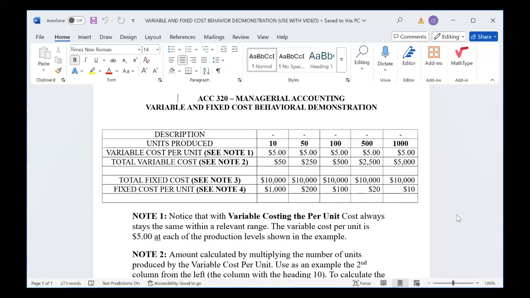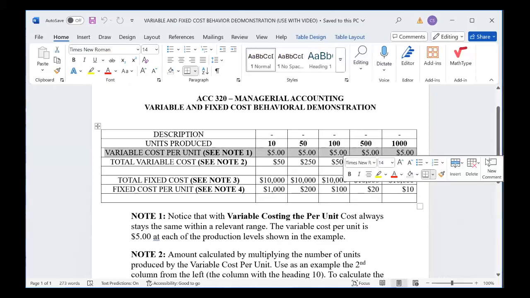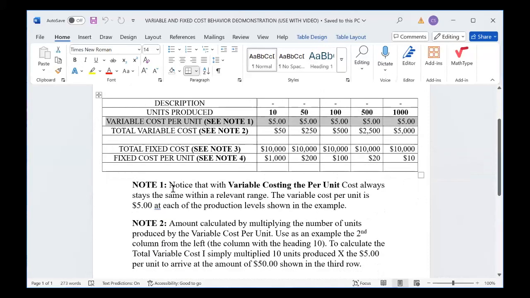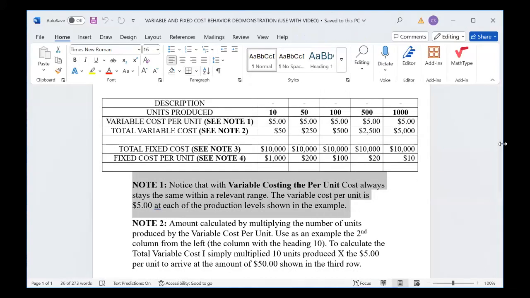What this document shows is the behaviors of both variable cost and fixed cost. The first thing you should notice is that variable cost, which is on the top, stays the same regardless of production. If you want more about that, that's explained in note 1.